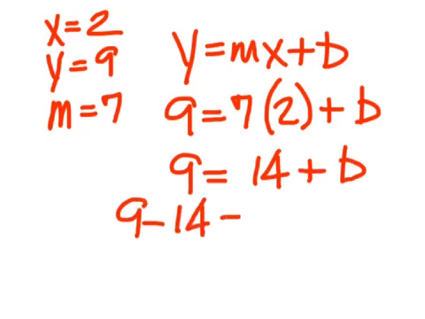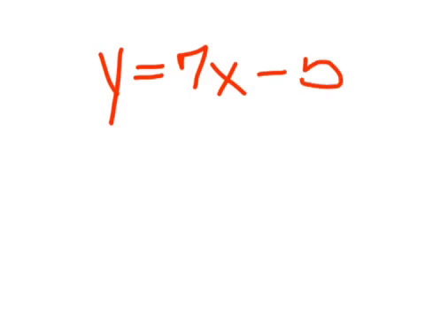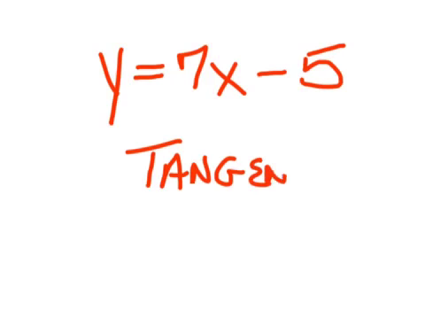Move the 14 over, make it minus, and you end up with a negative 5. So don't forget the slope was 7, and the y-intercept is negative 5. This is your tangent line, if we have done everything correctly.